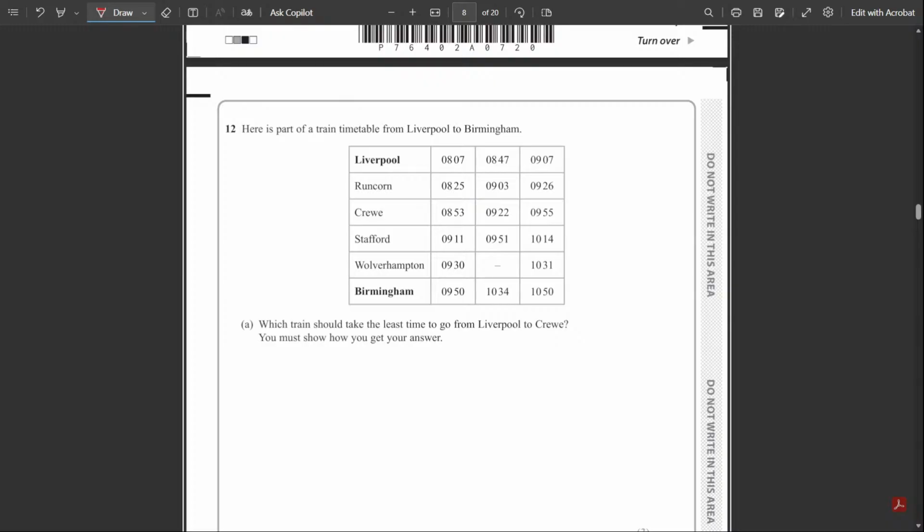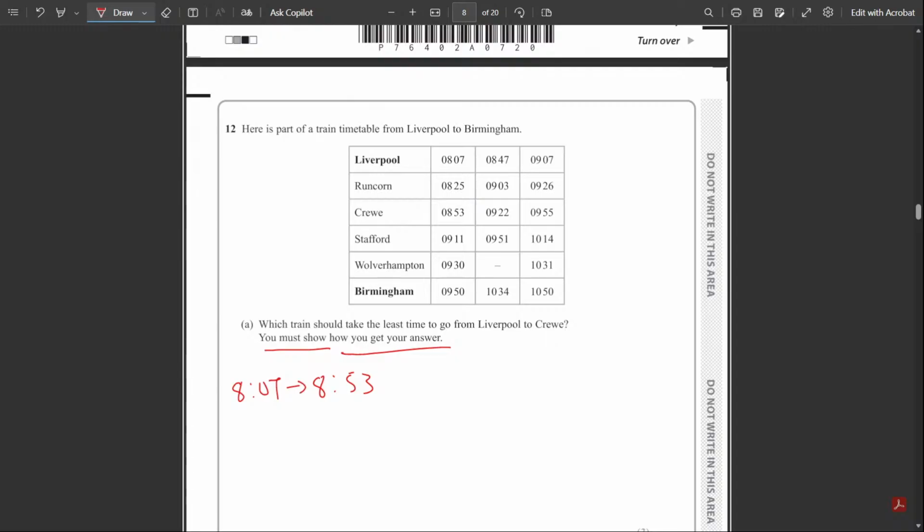You must show how you get to the answer. So don't do things in your head. Obviously you need to work out the answer using these. So you can go through 53, take away 7. So that will take you to 46 minutes. So you're doing 8:07 to 8:53.